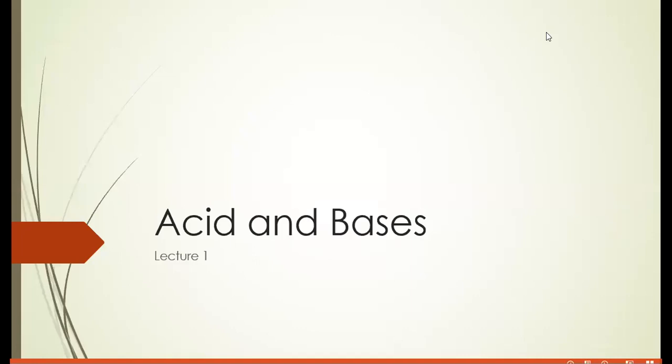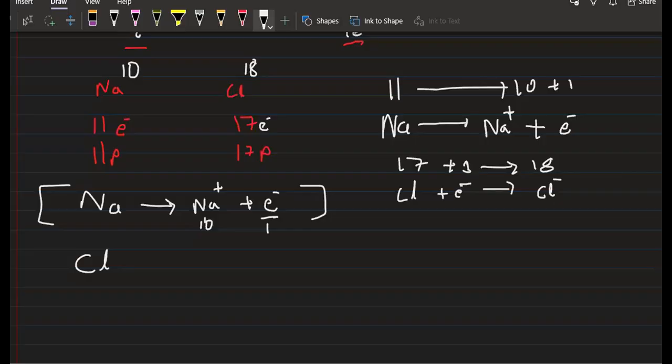So before the break, we were talking about how an electron transfers from one atom to another atom. When we talk about NaCl, Na has a tendency to give one electron, so it will form Na plus plus an electron.